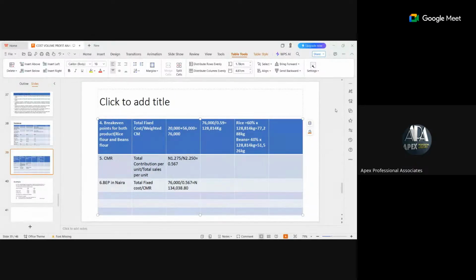All right, in case, I will forward the question to the WhatsApp group. With this knowledge, you should be able to solve that question. I will forward the past question guide to the platform, so you solve the whole question on cost volume profit analysis before the next class.